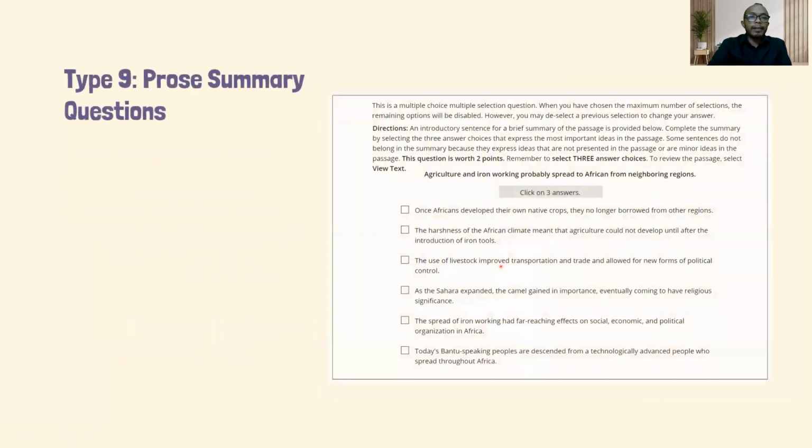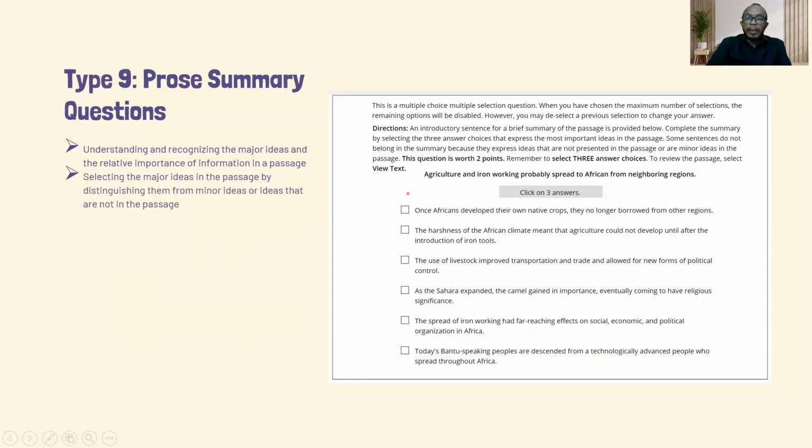All right. The 9th type, the prose summary question. So this is one of the 2 types that can have more than 1 point. So you can see there, it's worth 2 points for this example here. And it's trying to see whether you can understand and recognize the major ideas or the important ideas and information in a passage.